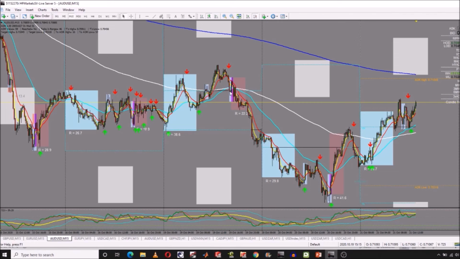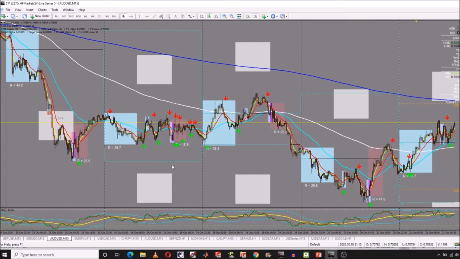From this point to that point, it marks the London session. Then we have another gray area marking the session changeover from the London session to the US session, which is marked in light red color. Then this period is called a dead period. There is no session here. So basically those are our indicators.